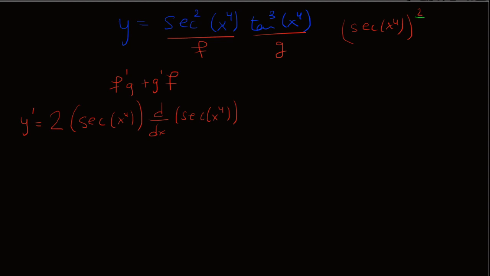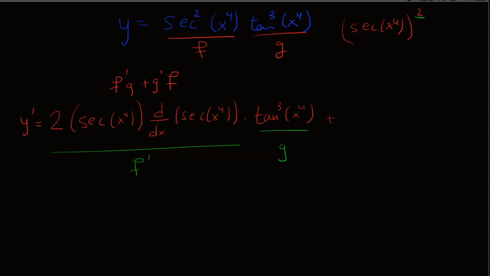So this whole thing is just going to be f prime. We're going to multiply it by g. And then we're going to add it.